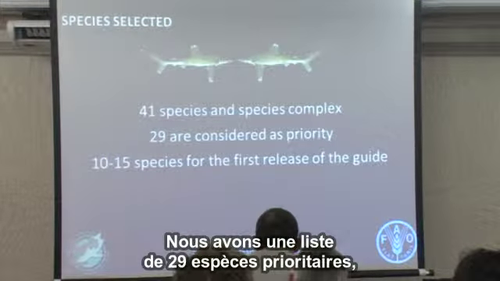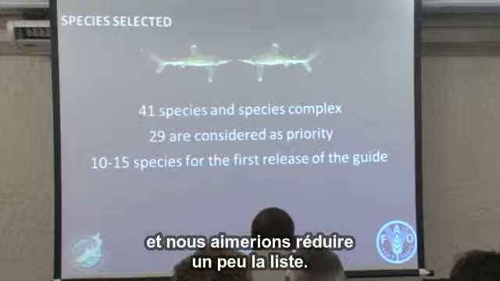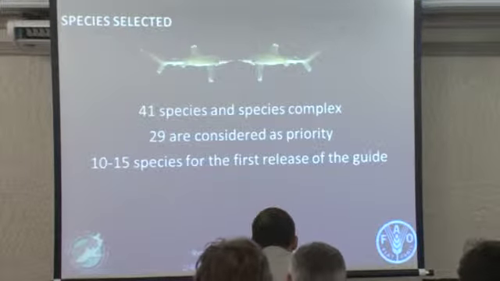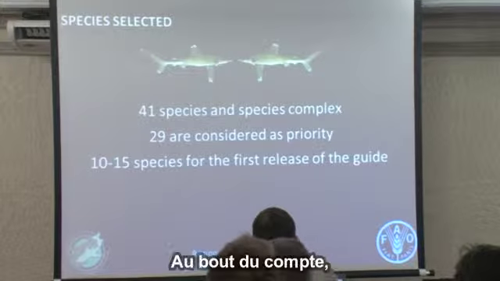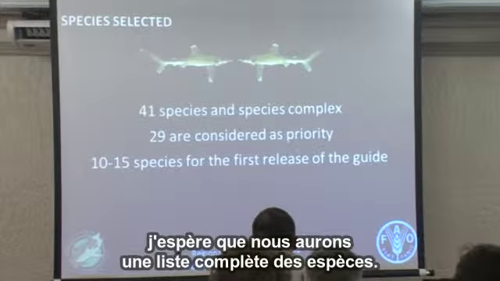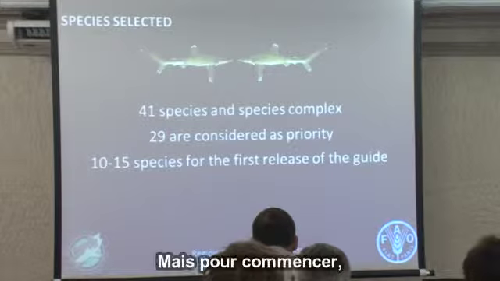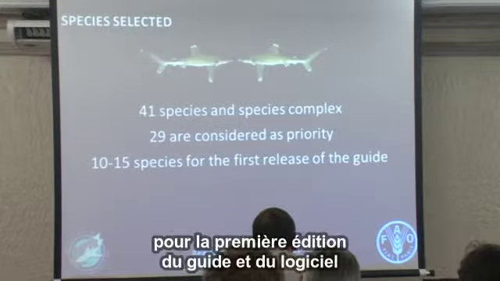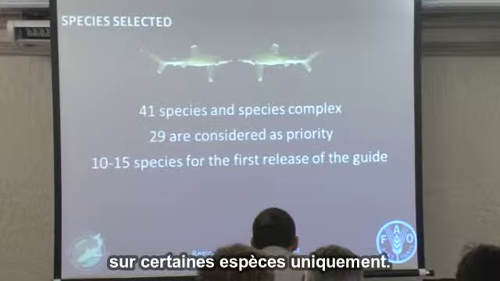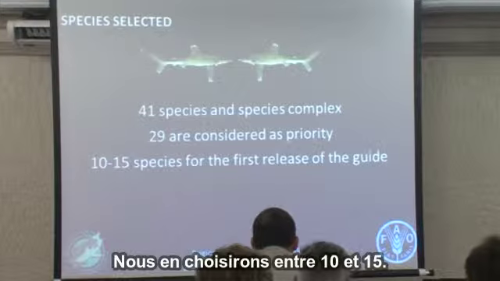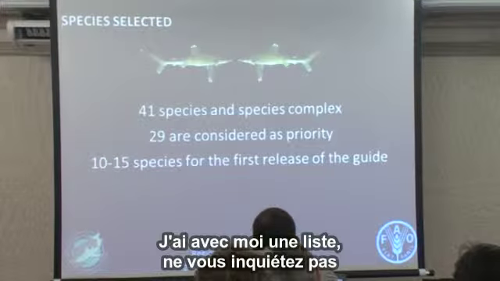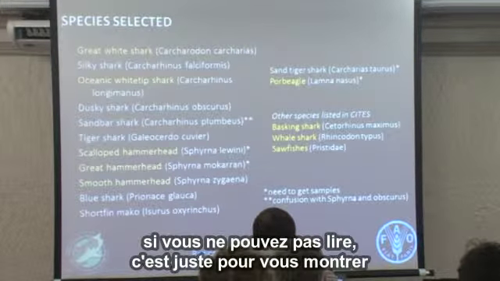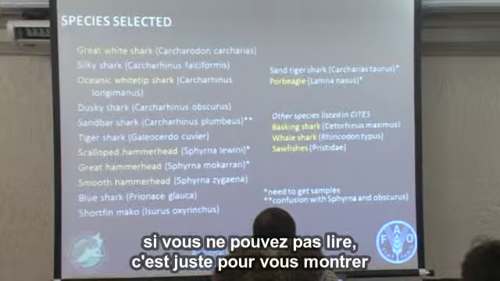Now we have a list of 29 priority, because we would like to reduce a bit this list, not because at the end we will not have, I hope, all the list of the species, but in the beginning we would like to concentrate our attention for a first release of the guide and the software only on certain species, and then we select 10, 15.